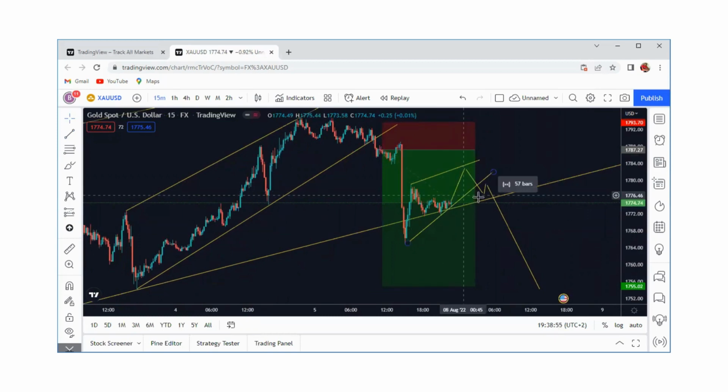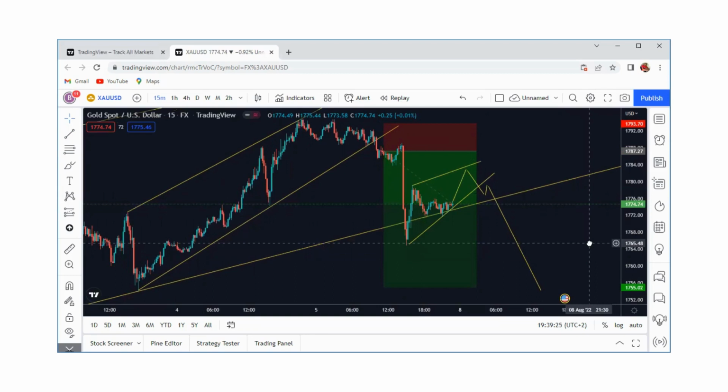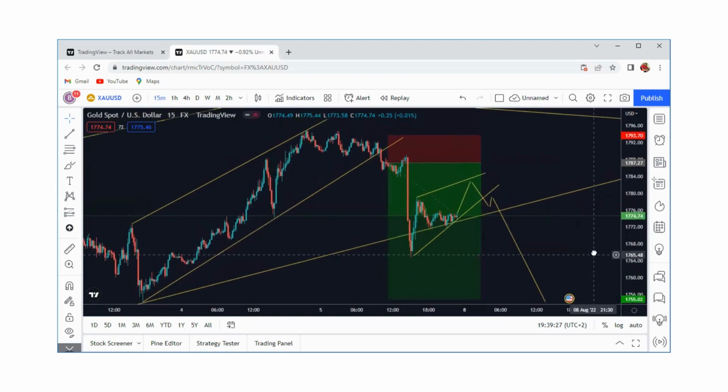Maybe it might reject when it gets here, because I see that it's a strong zone. So if it rejects, I know it won't take out the first trade I'm in, then I'll wait for it to break here, then I'll go in again. So this is my analysis for gold. I'm still in the trade, locked in profit. So no matter how it goes, I'm still in profit. Even if it takes me out, it will take me out with some profit.